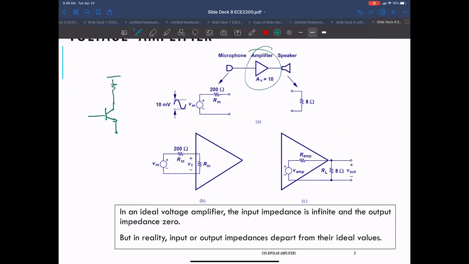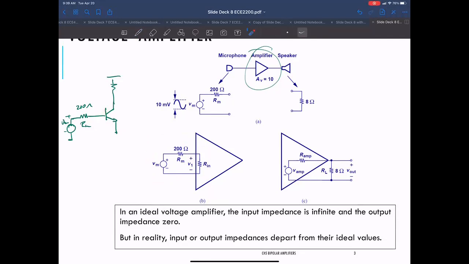So what we're drawing here is basically V sub m plus minus 200 ohm R sub m, and this R sub in is the input resistance of this bipolar transistor.